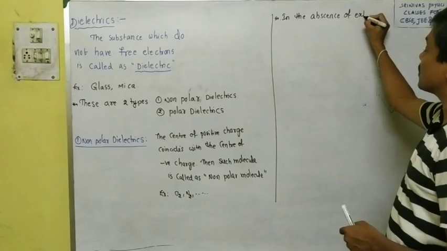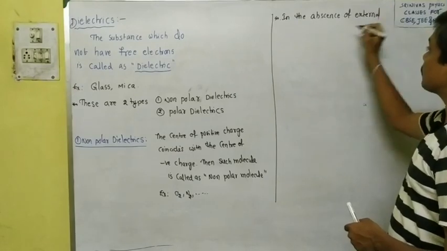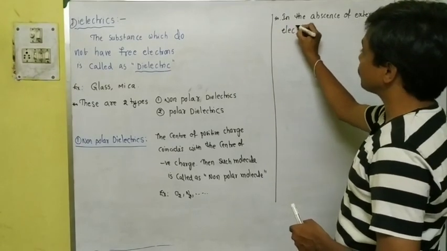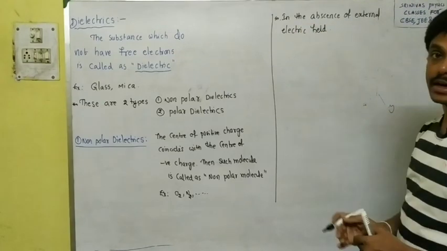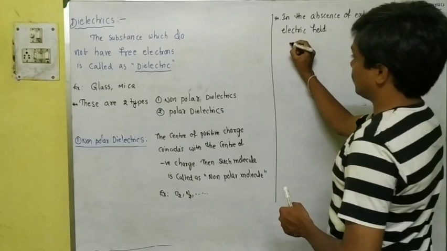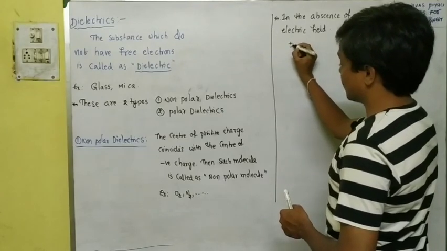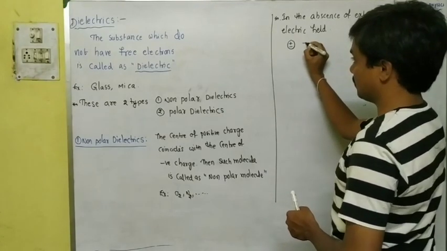When there is no external electric field, the center of positive charge and the center of negative charge coincide like this.